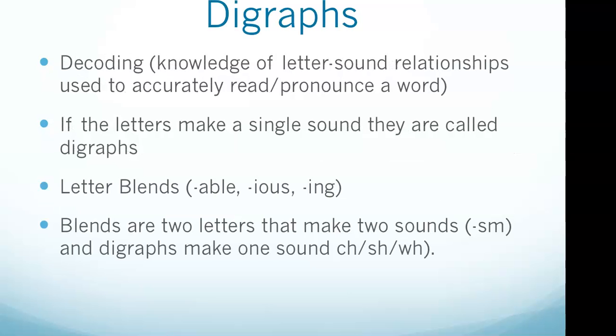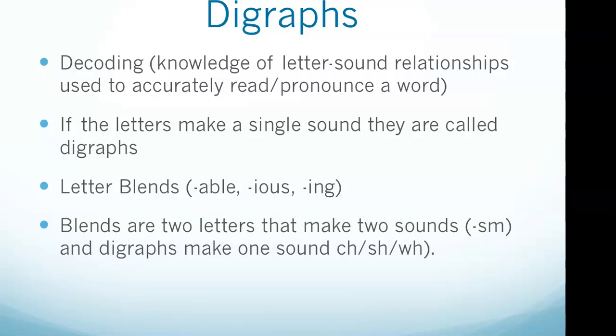It looks like part of the title is missing here, where it just says digraphs, but we'll go over decoding blends and digraphs. Successful decoding occurs when a student uses his or her knowledge of letter-sound relationships to accurately read and pronounce a word.